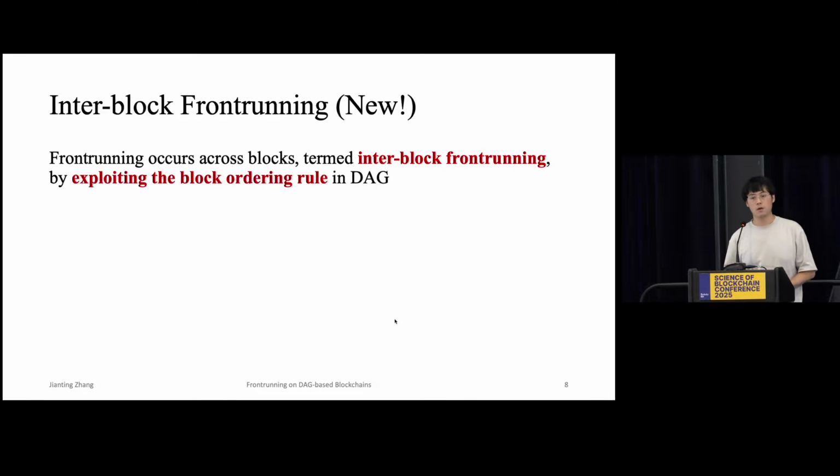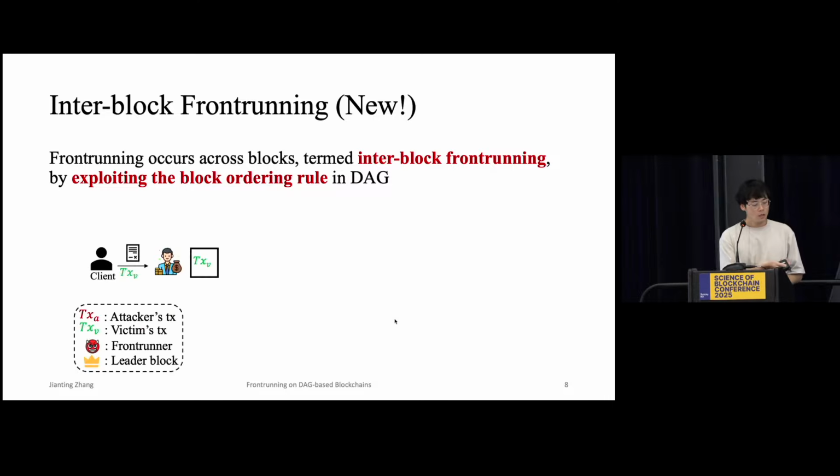Unfortunately, in this paper, we disclose some new front-running vulnerabilities. The high-level idea is to exploit the block ordering rule in DAG-based blockchains, and then launch so-called inter-block front-running. Here is a simple example. Assume the client sent his transaction to a replica, and there was another malicious replica.